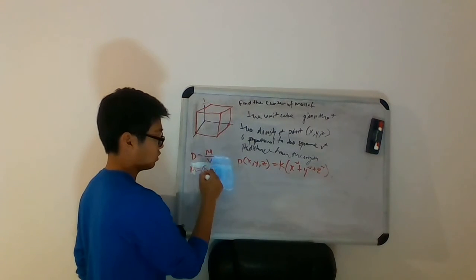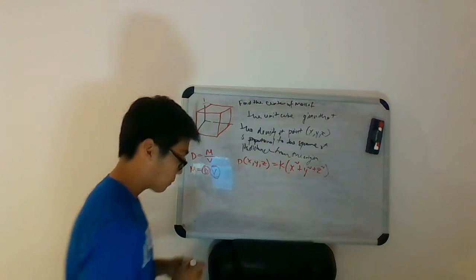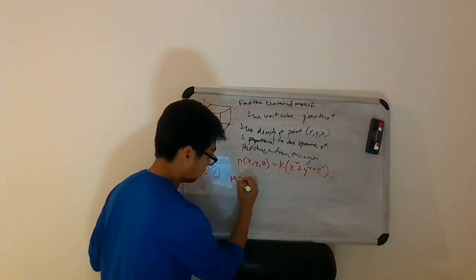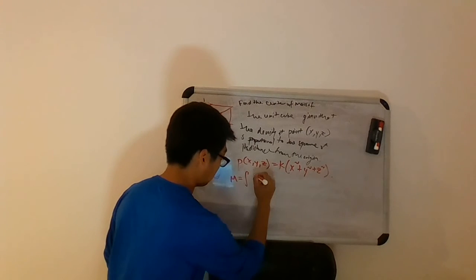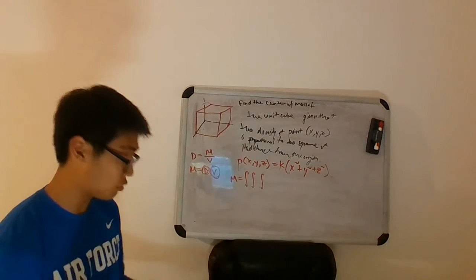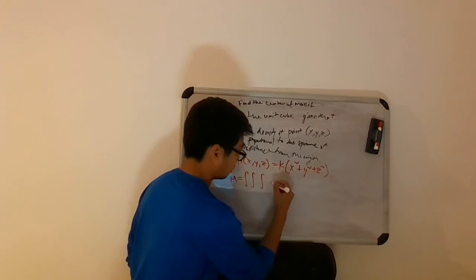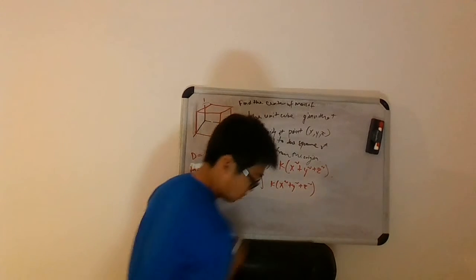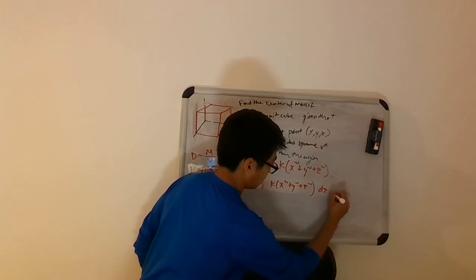So the density here will be expressed by this equation. And so using all of this information, we can determine that mass is equal to the triple integral, which is essentially the volume, of the density, which we determined here is k times x squared plus y squared plus z squared. And then we're going to integrate it dz, dy, and then dx.